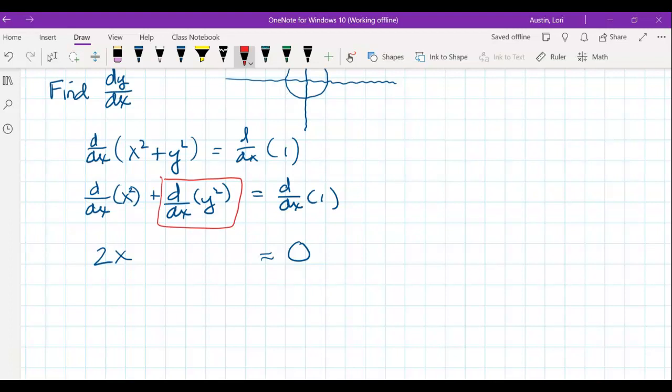The thing is, y and x are so closely related that as x changes, y is also changing. So y is not a constant. It is still a variable in this problem. Because as x is changing, y is going to change. That 1, it doesn't matter what x and y is. Guess what? It's always 1. That's a constant. That's why that one went to 0.